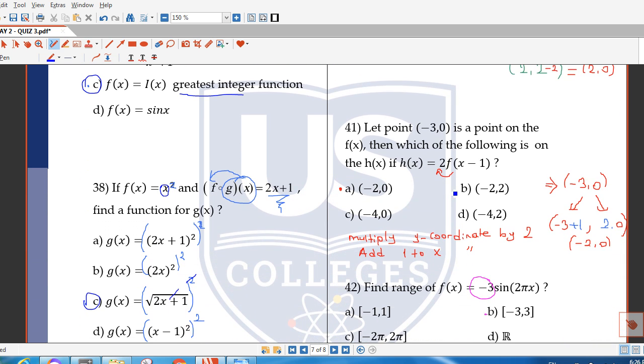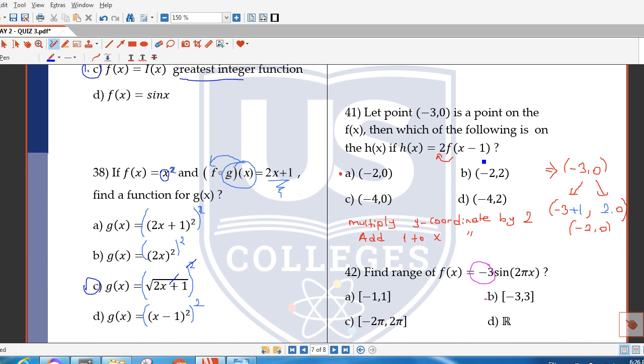Question 31. There is a number in front of the function and there is minus 1 inside. Because of the 2 in front, we are going to multiply the y coordinate of the point by 2. And because of the minus 1, it is like a horizontal shift, so we are going to add 1 to the x coordinate.